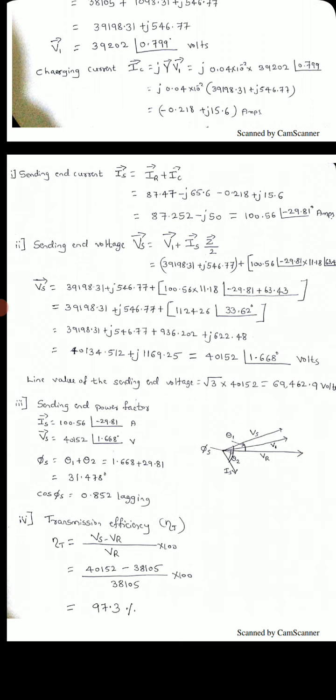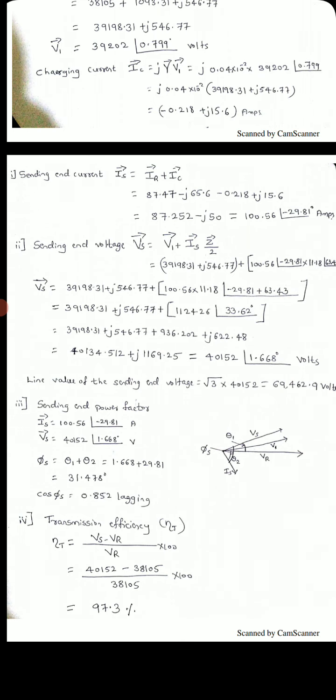So to get phi S, by seeing this figure, you can see VS has an angle of 1.608 with VR, and the IS has an angle theta 2 with VR. So adding those two angles, we will get 31.478 degrees, that is the angle between VS and IS. So cos phi S is 0.852 lagging.